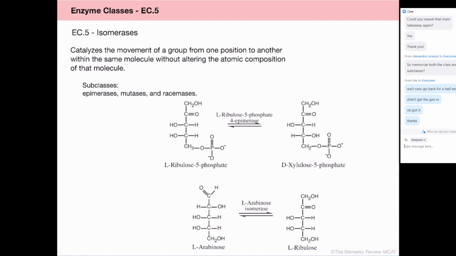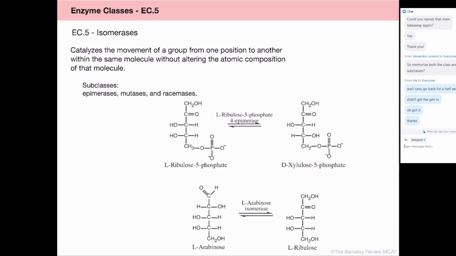Isomerases. This is moving a functional group from one position to another within the same molecule. The key is that it doesn't alter the atomic composition, so you don't lose anything on the molecule.